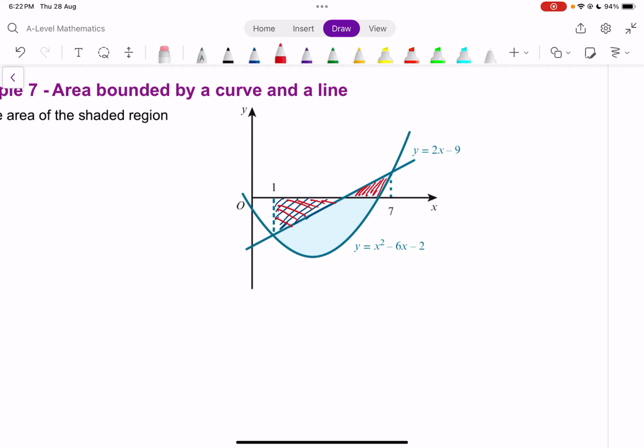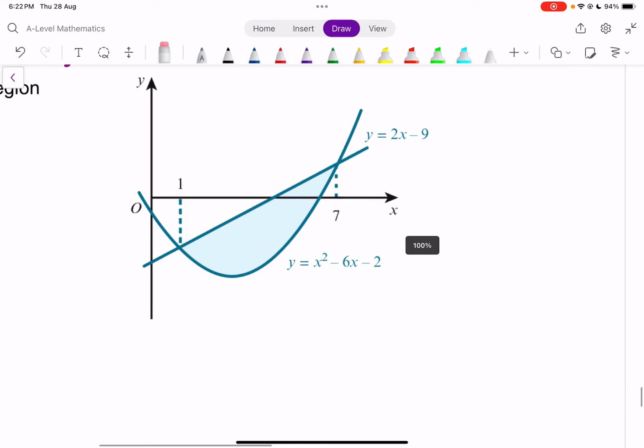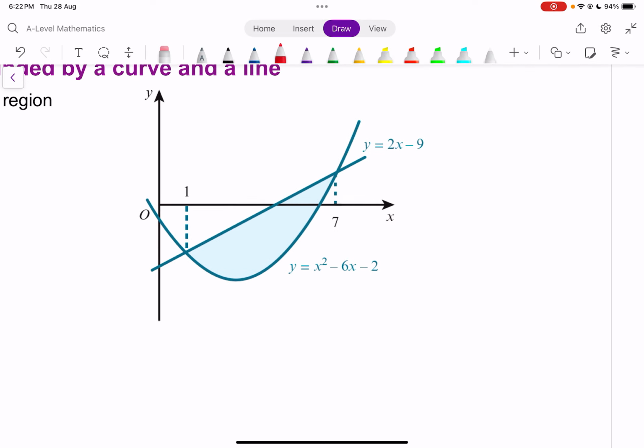I'm just trying to work my way around. Give me a second. If I have my area under the graph, it would have been here, and here. That is the quadratic. If it is the straight line graph, it would have been here, and here. Well, this is fun.